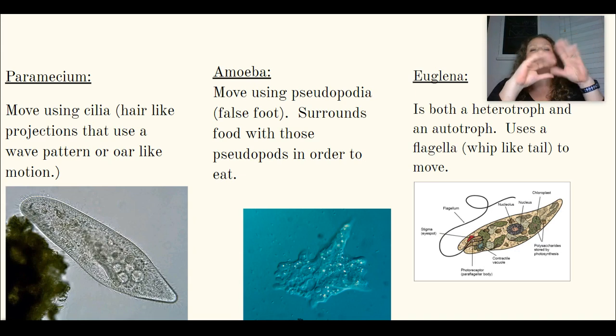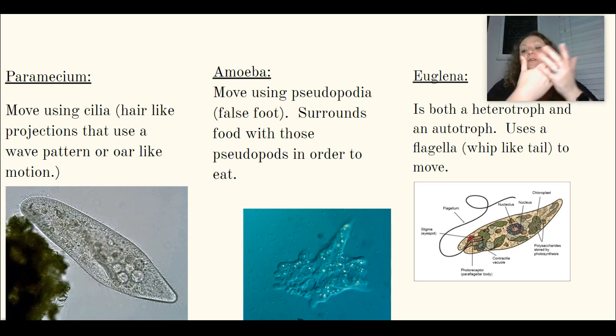And this is basically where it pushes its cell membrane out and allows the cytoplasm to stream in and allows it to move. These guys are able to actually surround their food with their false feet, their pseudopods, and pull food into their bodies. They kind of eat like Bob the Blob from Monsters vs. Aliens.